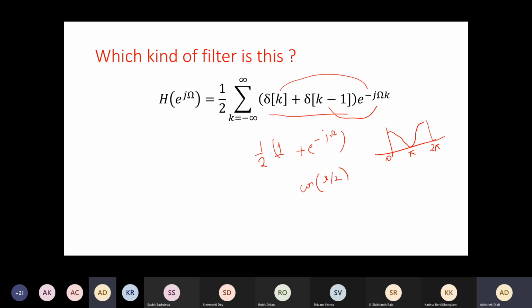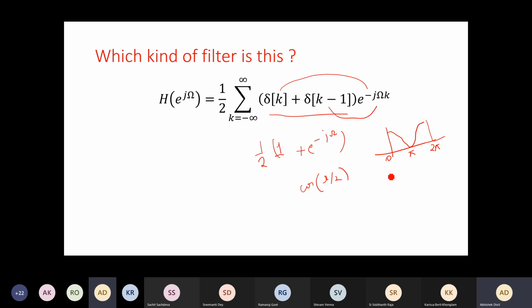Everyone gets this? Yes. Sir, just a quick doubt. It's low pass because between pi to 2 pi the frequency response is decreasing, right?